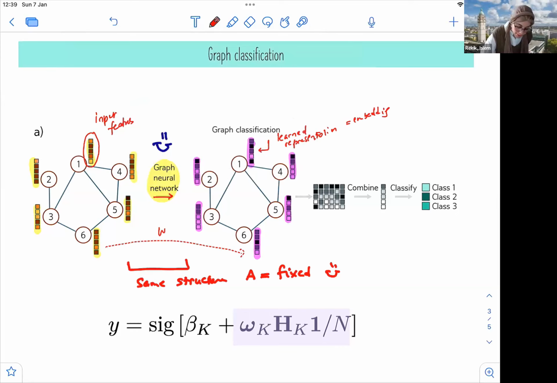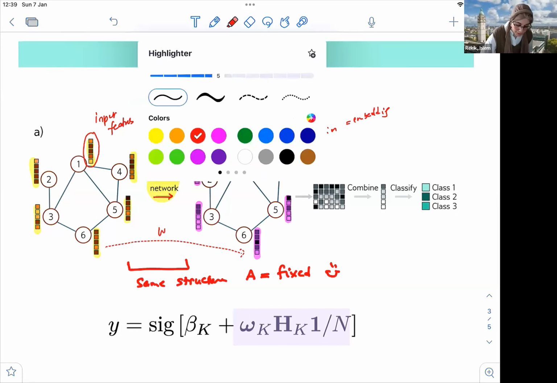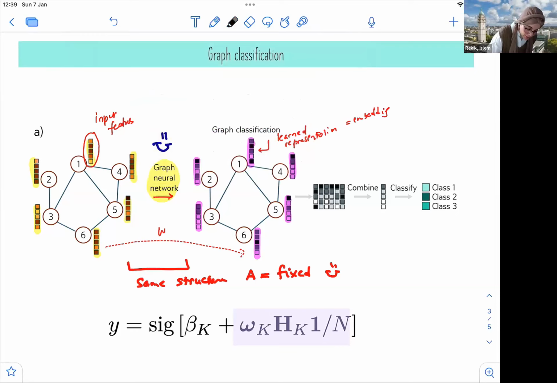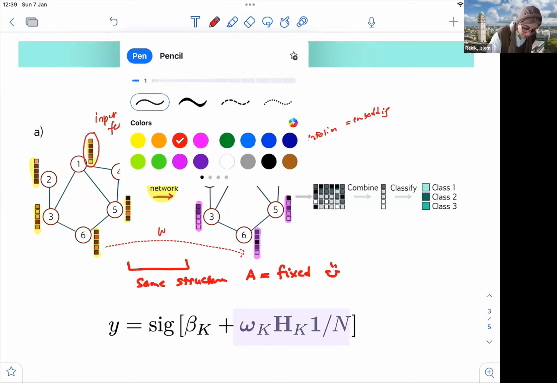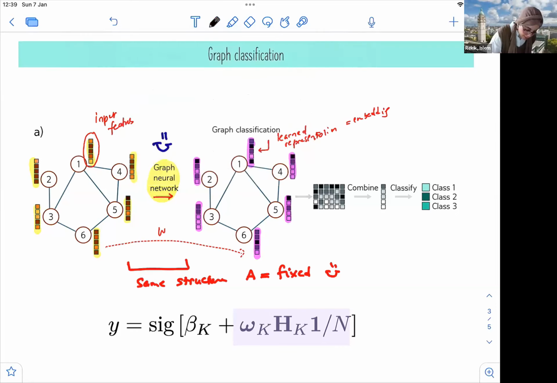Remember, we're trying to classify a whole graph. For example, the graph could be a molecule, and you want to know if the molecule is poisonous to humans or not.